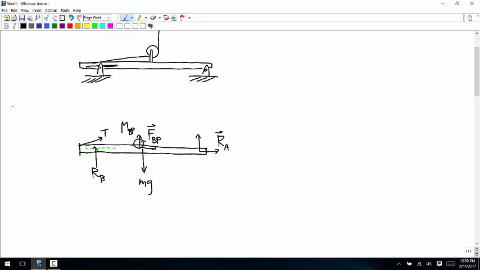The problem with this way of doing it is, well, these are all static, so we're always assuming that we know the exact position of the body.